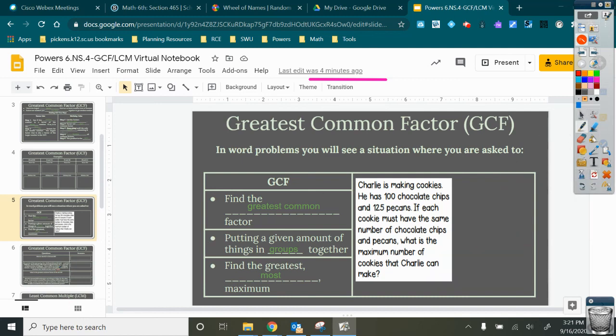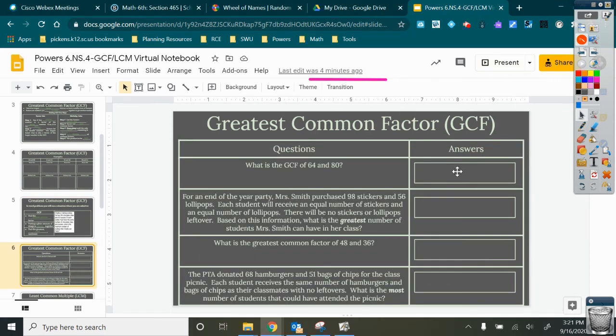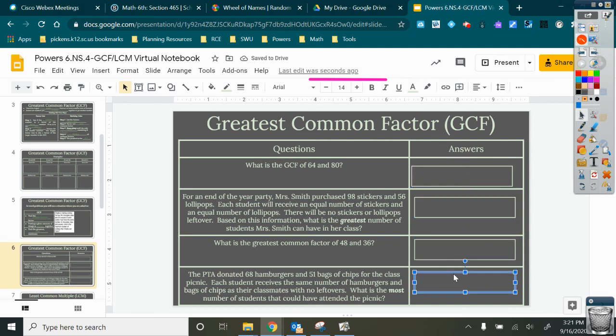To wrap up this lesson, there is an exit ticket of 4 questions that you need to answer so that you can let me know if you are understanding these concepts or not. So if you have opened this slideshow up, I have access to it because when it made you a copy, it put a copy in my Google Drive as well. So as you work through these problems, go ahead and just type your answers in.